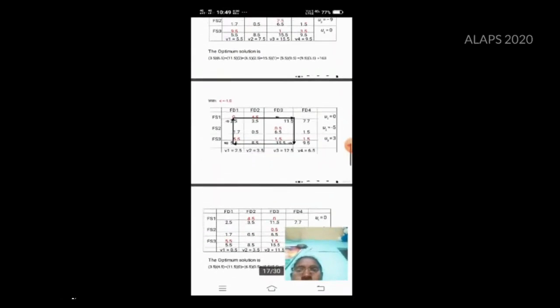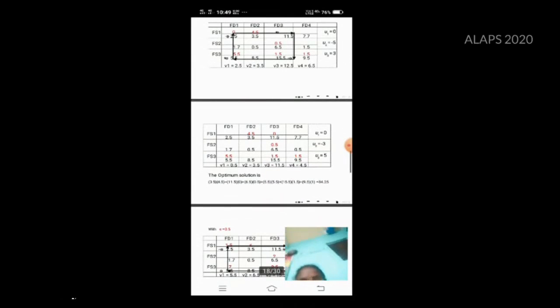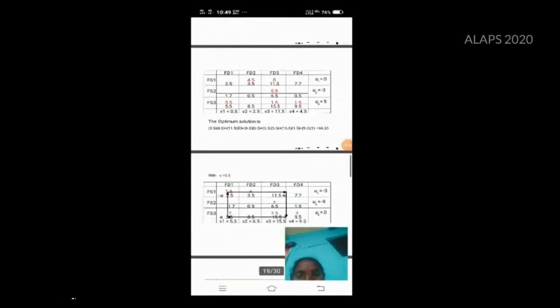Now, with epsilon equal to minus 1.0, with the same sources and destinations, we apply some small epsilon, minus 1.0. Now we add these basic cells, and after the calculations for the non-basic cells, the optimum solution is 184.25.